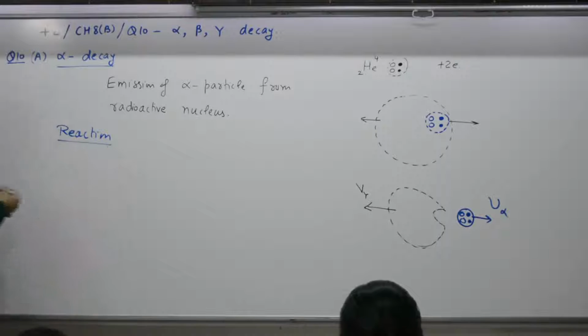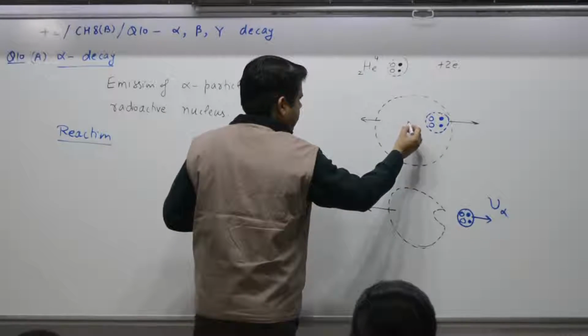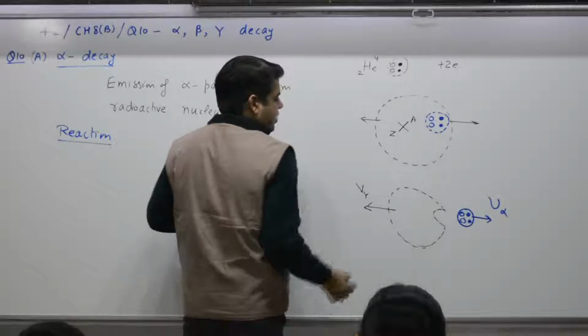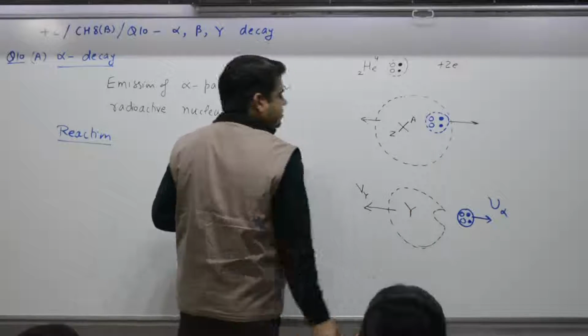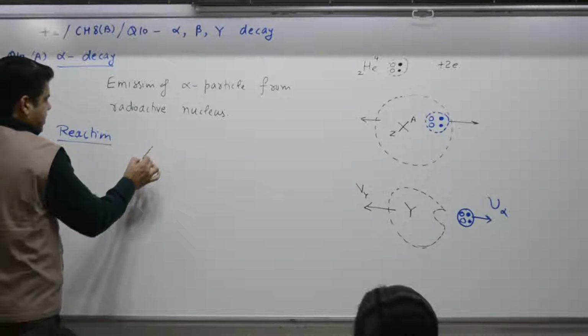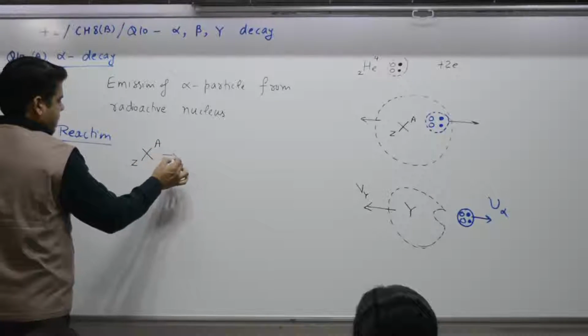Reaction. If the parent nucleus is written as X, with number of protons Z and number of nucleons A, and this is the daughter nucleus Y, then the general reaction is: Z protons, A nucleons.